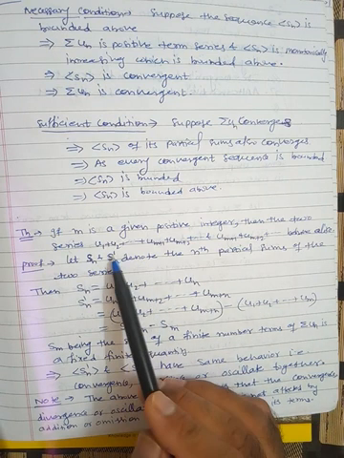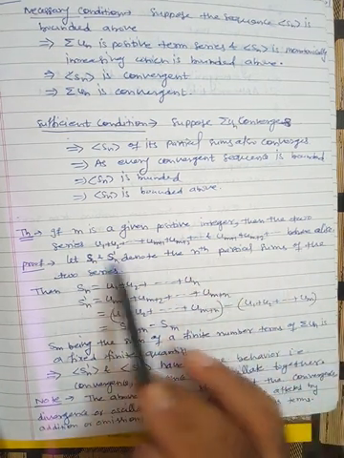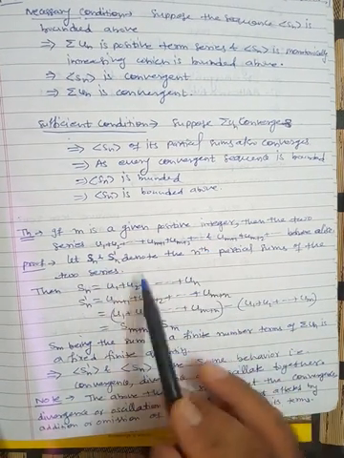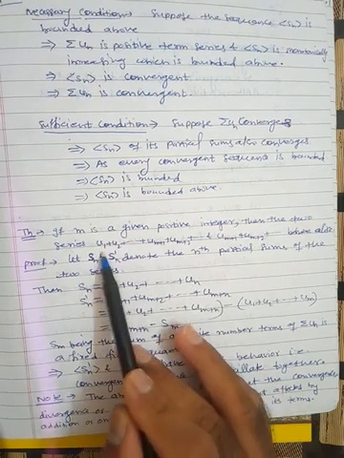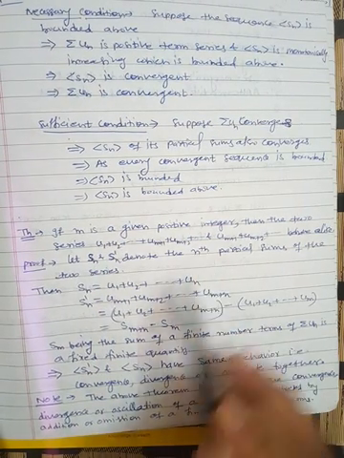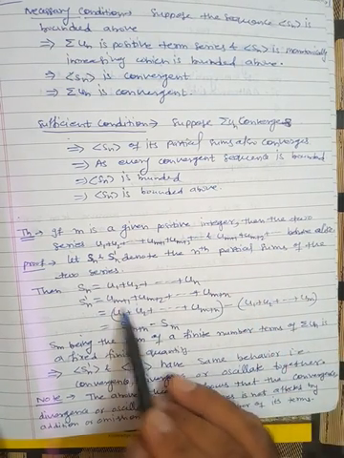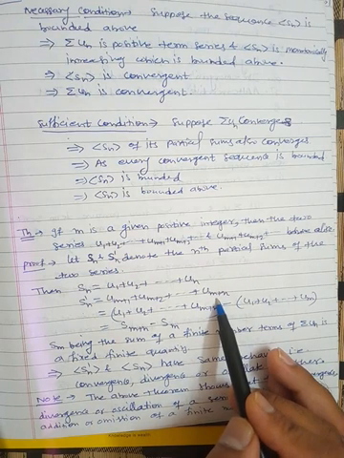Fine. So suppose Sn and Sn dash denote the nth partial sums of the two series. Sn is u1 plus u2 plus ... plus un from the first series, and Sn dash is the sum of the next series, um+1 plus um+2 plus ... plus um+n. These are the initial n terms.